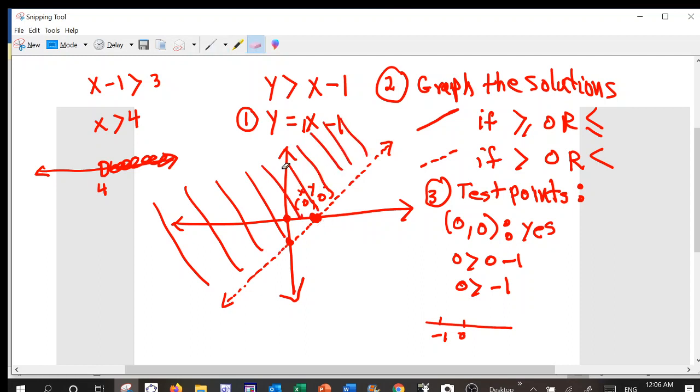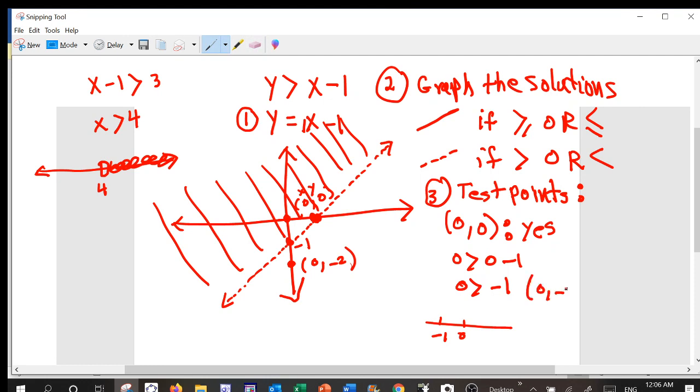Remember, this divided the plane into 2 parts. And then pick a point over here and test it. Now we know this is negative 1, so we could pick this point, which is 0, negative 2. Does that work? So let's test it.